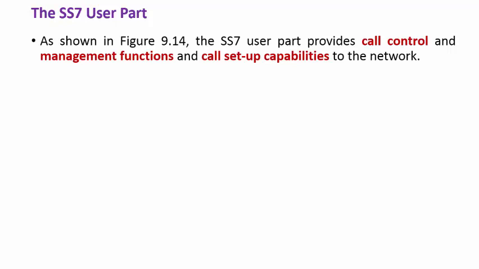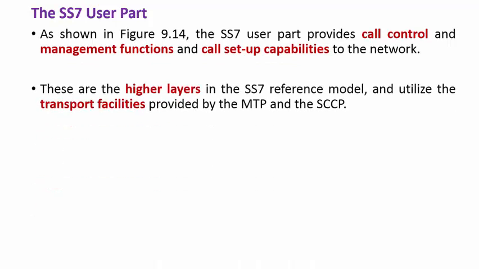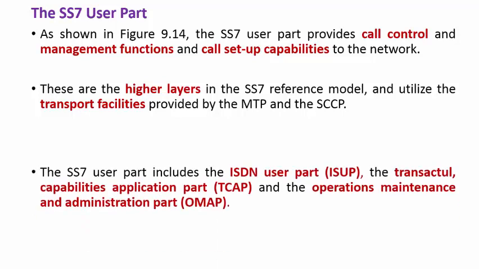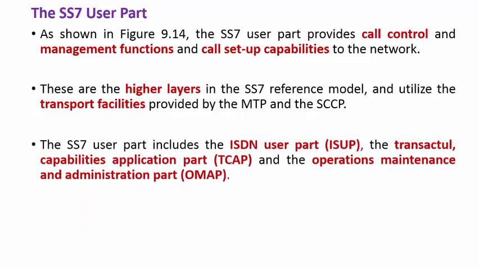Then the SS7 user part. As far as the protocol architecture is concerned, the SS7 user part provides call control, management functions and call setup capabilities to the network. These are higher layers in the SS7 reference model compared with the upper layers of the OSI model, and utilize the transport facilities provided by the MTP and the SCCP.